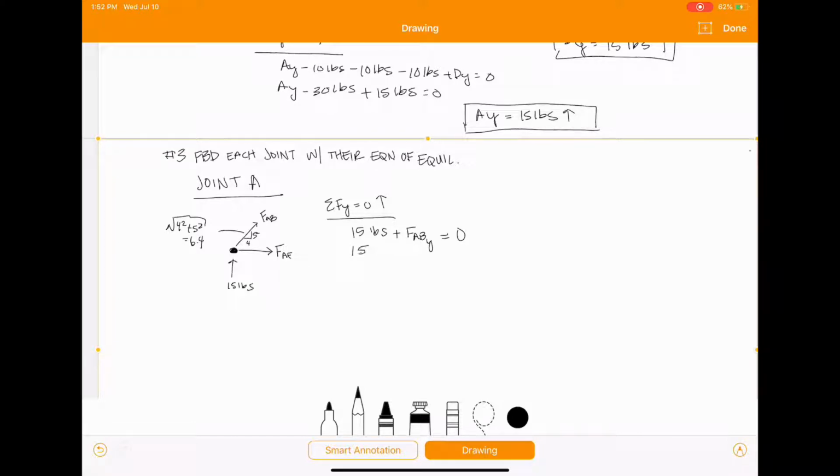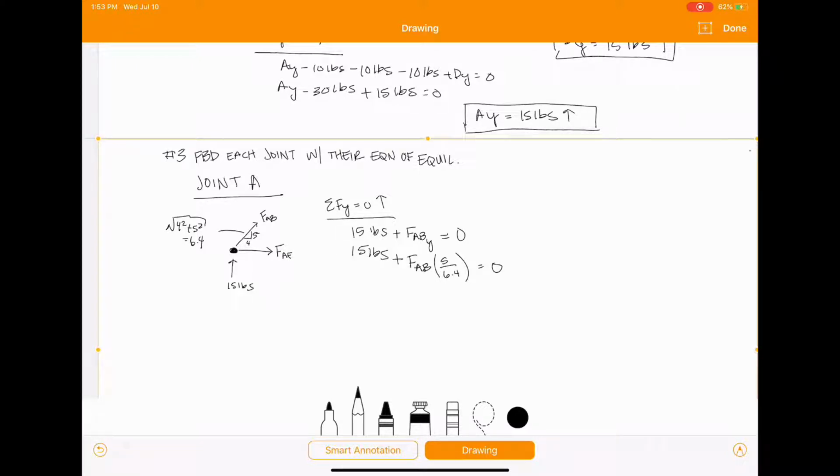So 15 pounds plus FABY is really going to be FAB times the ratio 5 over 6.4, because 6.4 is the hypotenuse and 5 is the Y component of that triangle. And we are summing up the Y forces, and that equals 0.